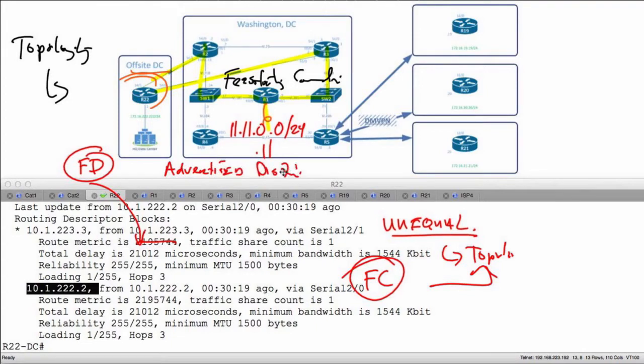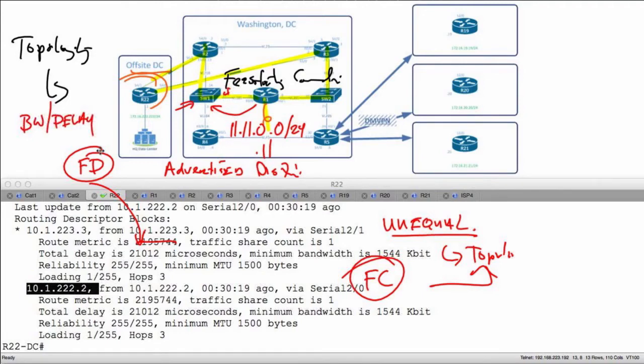So here's the deal. This device, R1, is advertising a prefix. Well, this unit, Cat1, learns that prefix, and it assigns a cost or a metric to it, based on those two values that we talked about, bandwidth and delay.